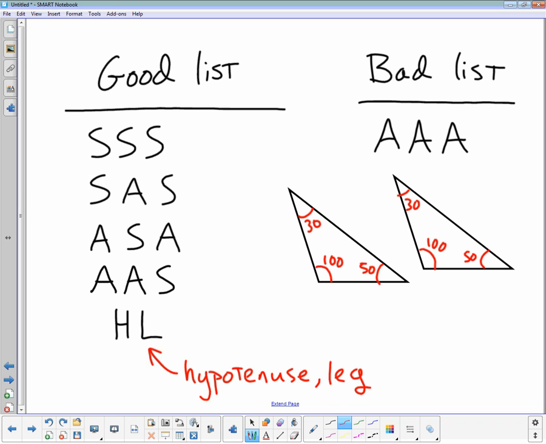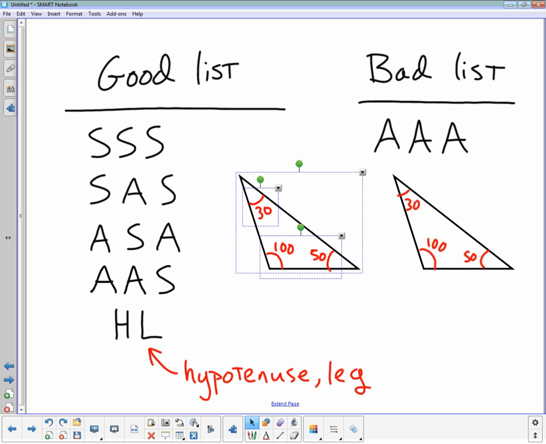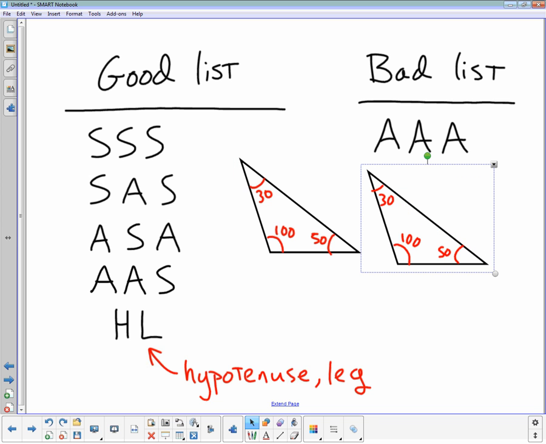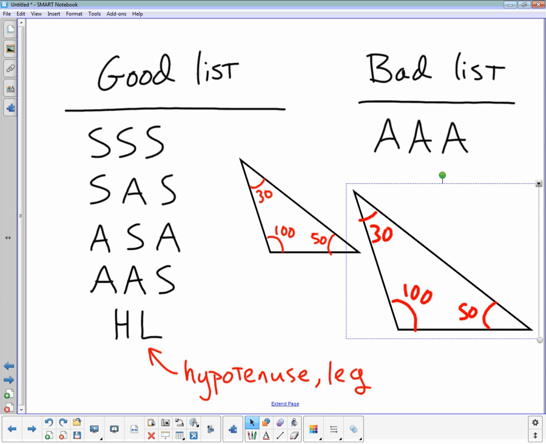Okay? They look congruent. They're still congruent. I haven't done anything to them. Are they congruent anymore? No. Because congruent says everything's the same. And this guy's obviously a heck of a lot bigger. But its angles haven't changed. Right? So angle, angle, angle isn't enough.